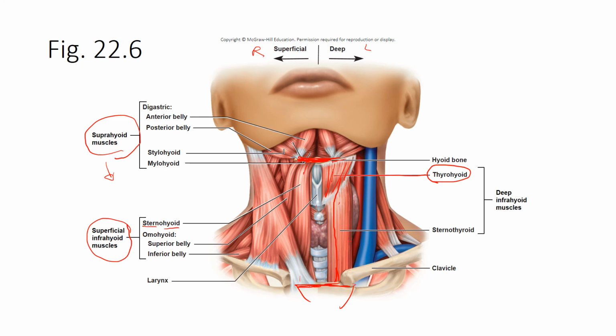So sternothyroid and thyrohyoid both make the deep infrahyoid muscles. So just know the names. We have suprahyoid muscles and infrahyoid muscles in the superficial layer, and we have the deep infrahyoid muscles. The deep is very easy. You have the thyrohyoid and the sternothyroid muscle.